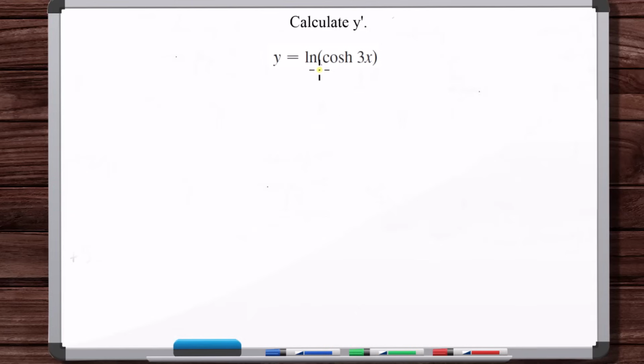Okay, chain rule. What is the derivative of the natural log of something? It's 1 over that something times the derivative of that something. So what is the derivative of the hyperbolic cosine of 3x? So this is the chain rule again. What is the derivative of the hyperbolic cosine of something?